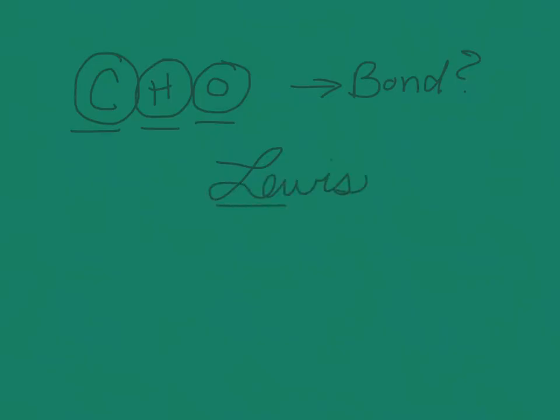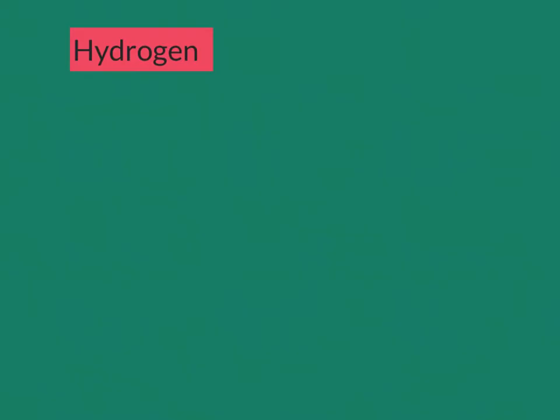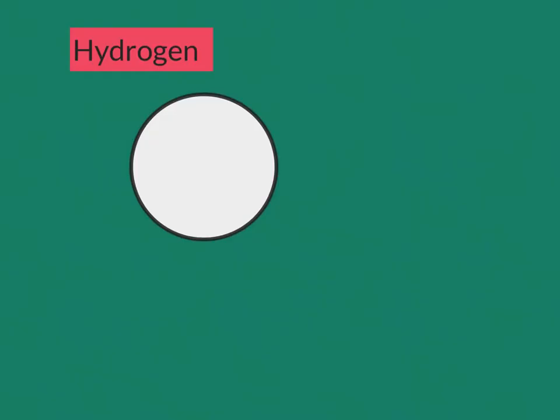The Lewis structure is a structure that shows electrons available for bonding. Here's what I mean. In the element hydrogen, for example, I have one proton in the center, and I have one electron on the first shell.